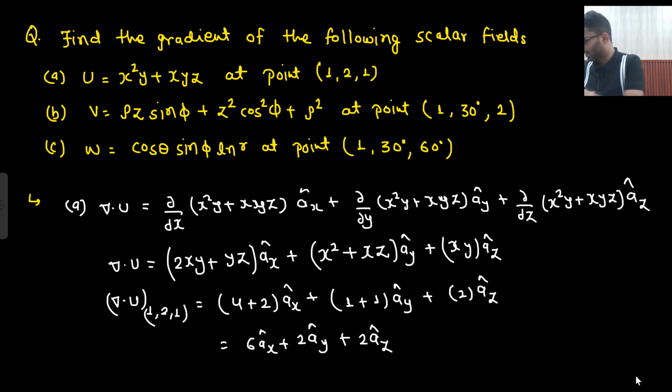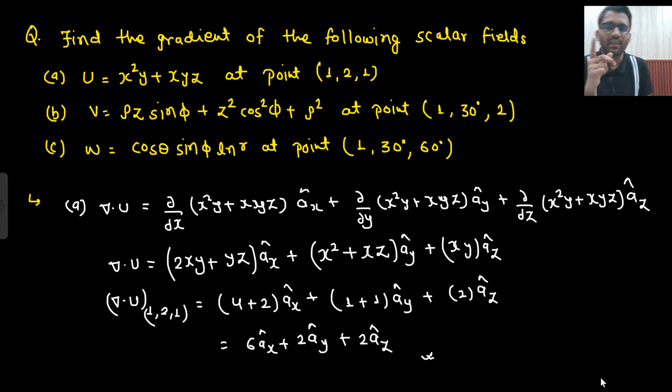So from here we are getting these questions. So 2xy plus yz, plus x square plus zx, plus xy. Then I just put the value. These values I have taken on my own only. So 4 plus 2, 1 plus 1, 2. So 6, 2, 2. Okay. Yeah, that's it.